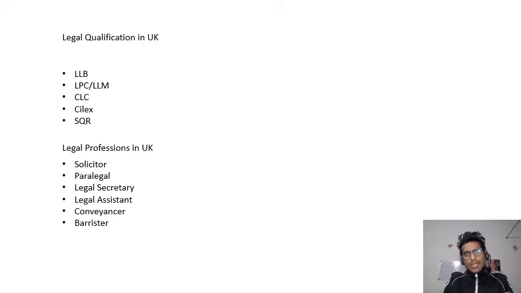SQE is a different kind of qualification. In SQE there are 3 stages, and before that there was level 2, level 4, level 6 qualification. If you complete level 2, you can be a legal secretary. Level 4, you can be a paralegal.